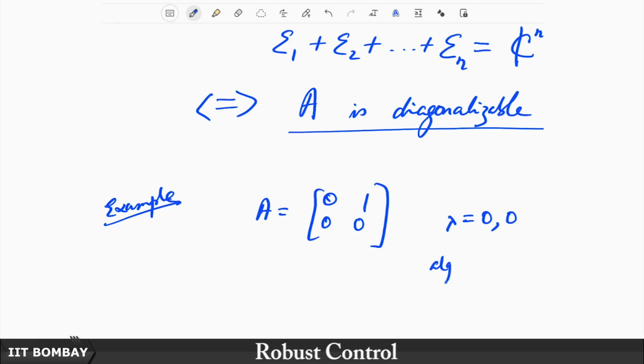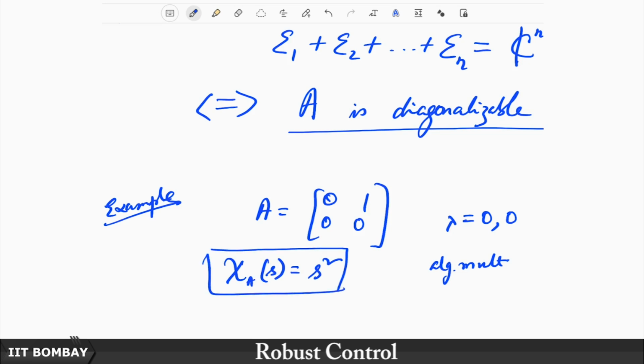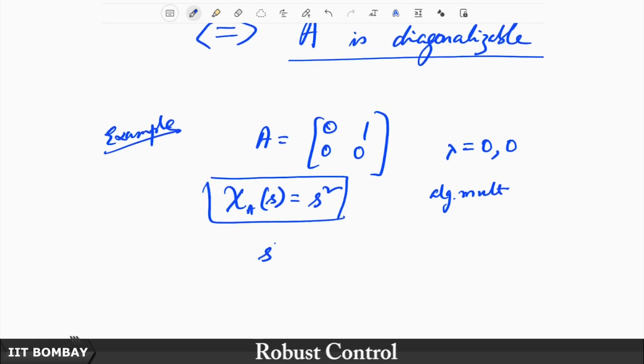If you take the characteristic polynomial of this, it is s squared. So the characteristic equation will be s squared is equal to 0, and you know that the algebraic multiplicity of 0 as an eigenvalue is 2.